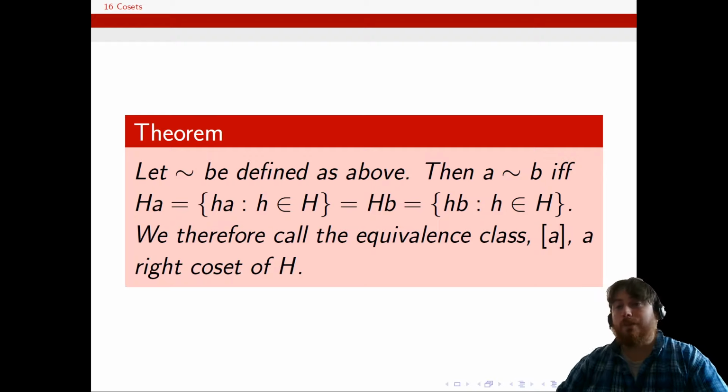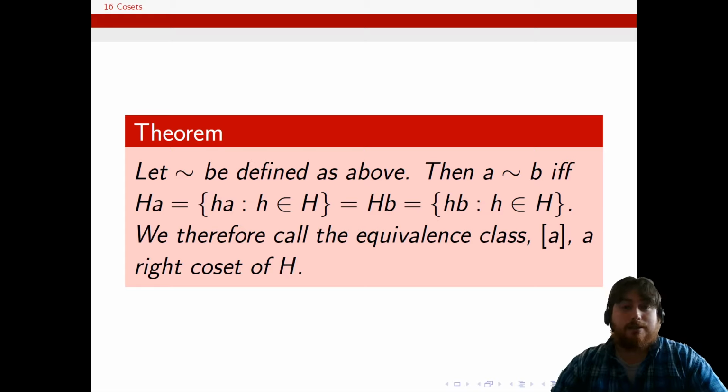All right, now with that equivalence relation, what we want to talk about is what the equivalence classes look like. The equivalence classes are going to look like HA, that is the set of h times A such that h is in H. If that is equal to HB, then A is equivalent to B according to our last equivalence relation, if and only if those things are equal.